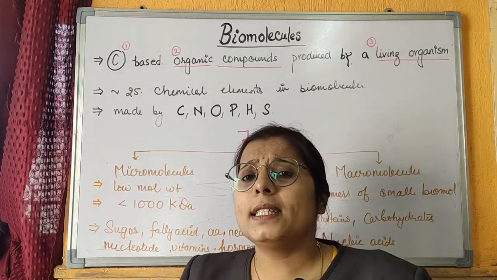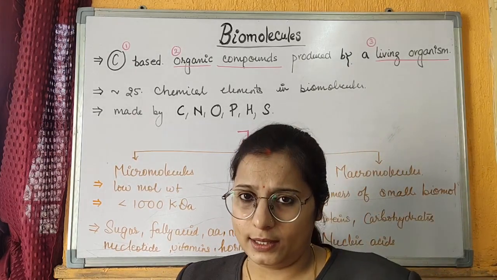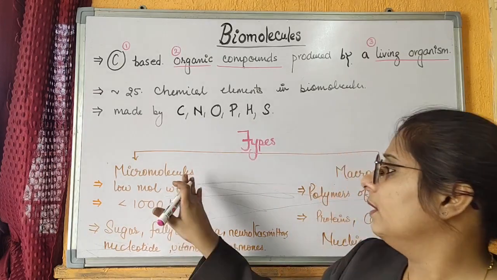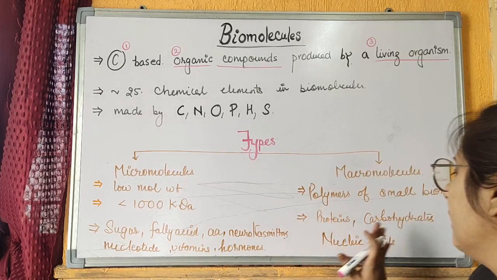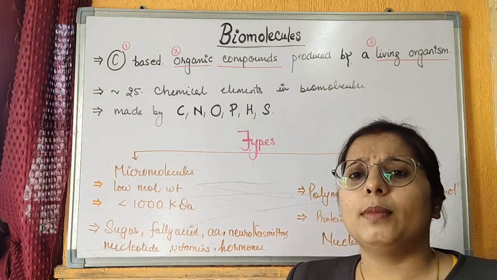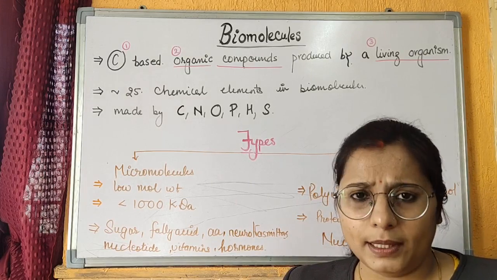These are the basic building blocks of macromolecules and of a living organism. The macromolecules are the polymers of these microbiomolecules and include protein, carbohydrate and nucleic acid, which are the basic building blocks of our body structure and the genetic material.